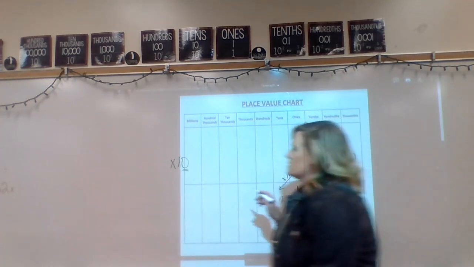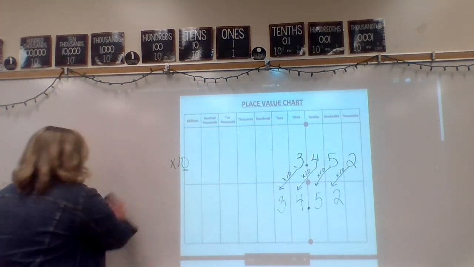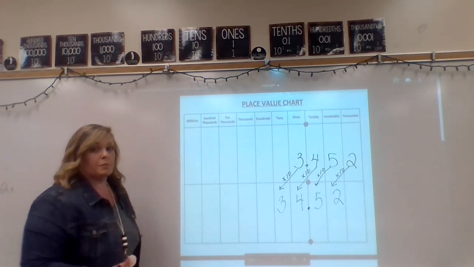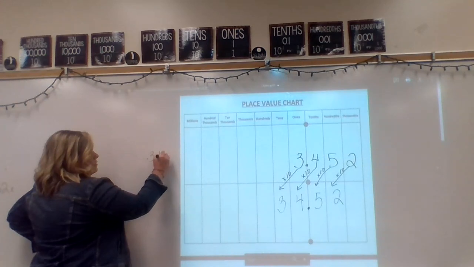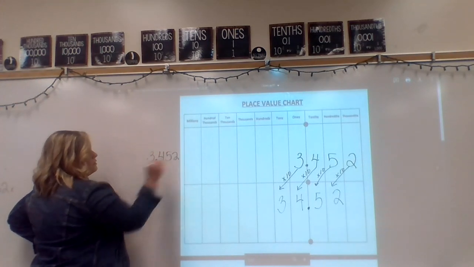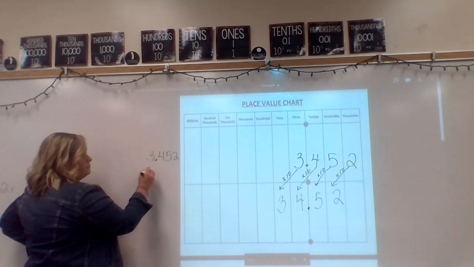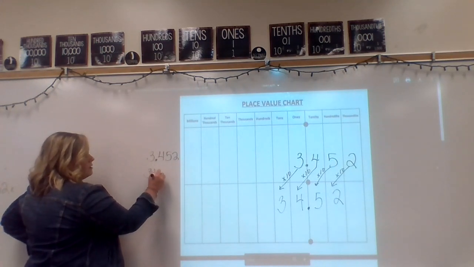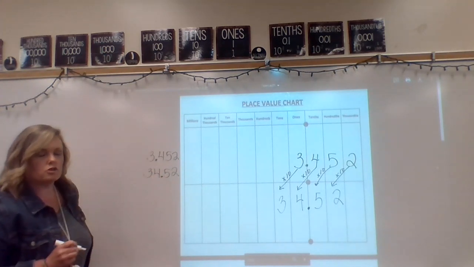Okay? I also want you to notice your decimal point and what's happening to it. Originally, I had 3 and 452 thousandths. Now, when I multiply by 10, I have 34 and 52 hundredths.